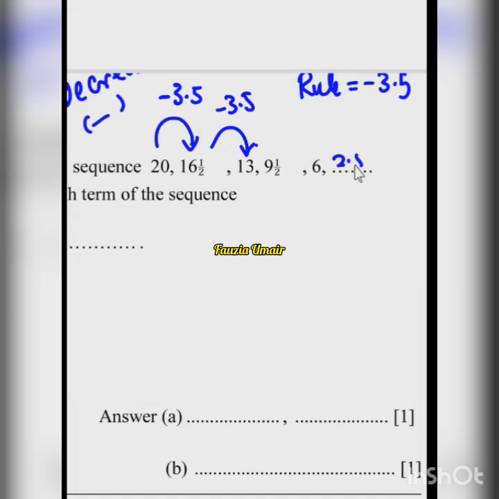If you cannot comprehend it, you can subtract and check: 6.0 minus 3.5 will be 2.5. So now I want to subtract 3.5 again. Now what will the answer be? So who can answer? Marosh, can you tell me? Plus 2.5 minus 3.5, what would be the answer?